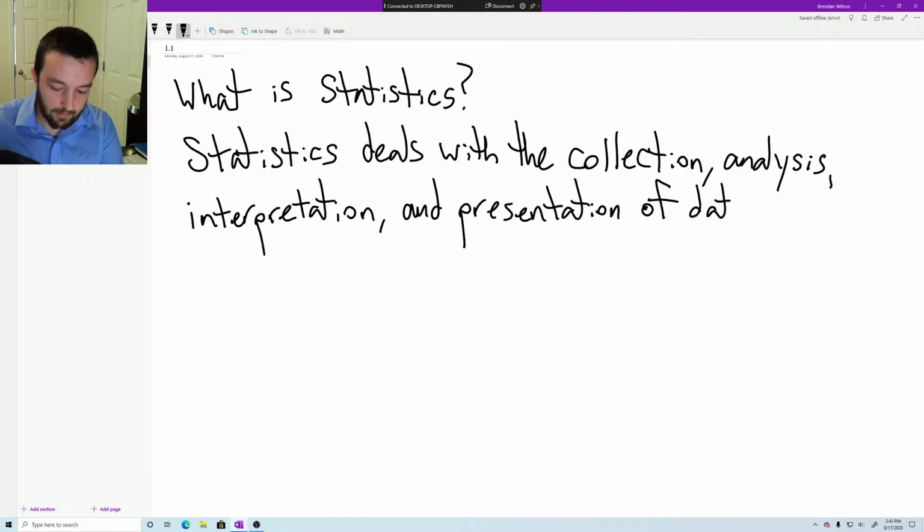Okay, and this is a common definition. I think this is actually the same definition they have on Wikipedia. So it's not just unique to this textbook, but let's really break down what this is saying, okay?